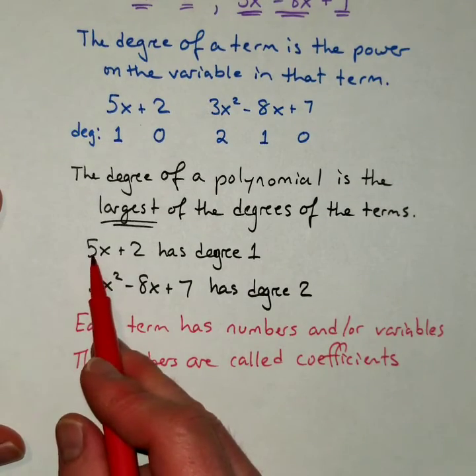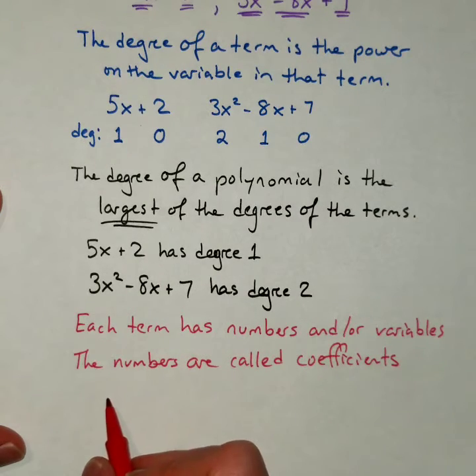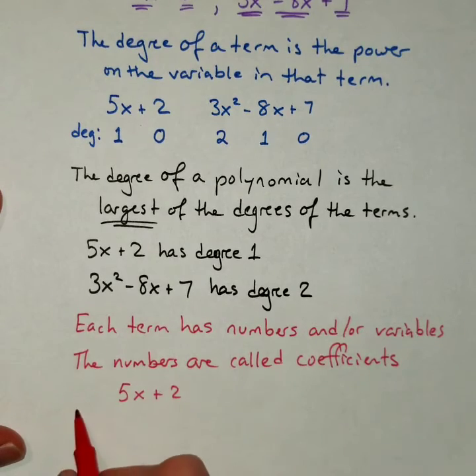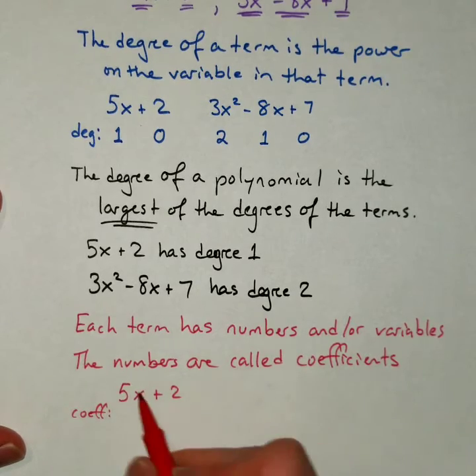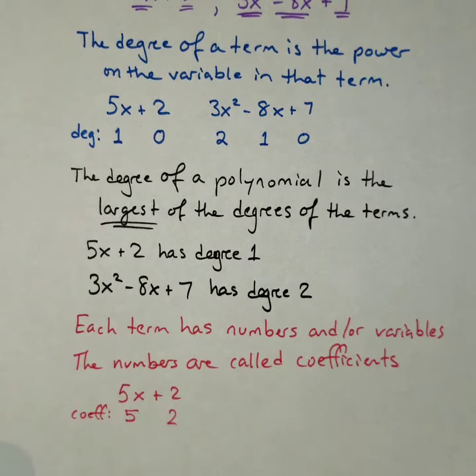Okay, so in the example of 5x plus 2, I'll abbreviate coefficients there. The coefficient would be 5. Now, some textbooks are going to include the constant as a coefficient. I don't know that this book even really addresses it.